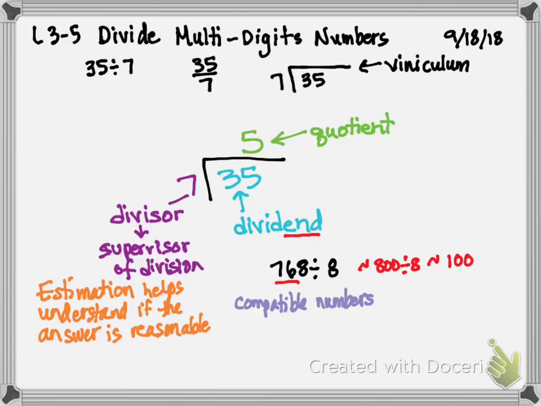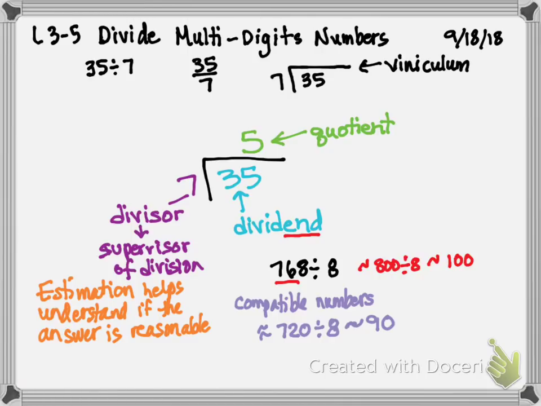So what if I took this compatible number and rounded the 768 to 720? Now I've got a math fact to do. This is estimated, and then I would get 8 goes into 72 9 times. So my answer is going to be somewhere around 90.